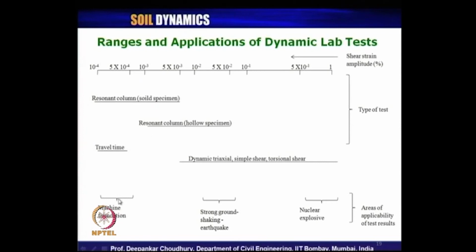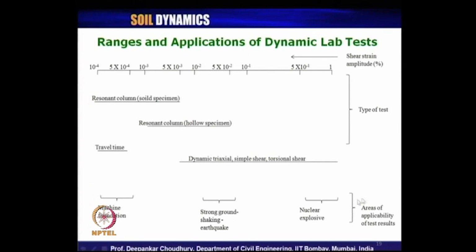When using the cyclic triaxial or cyclic simple shear, you have to use a very high value of Gmax at the initial stage. So, application of cyclic triaxial, cyclic simple shear and cyclic torsional shear is not that good for machine foundation, but can also be used, because you are always estimating on the lower end.